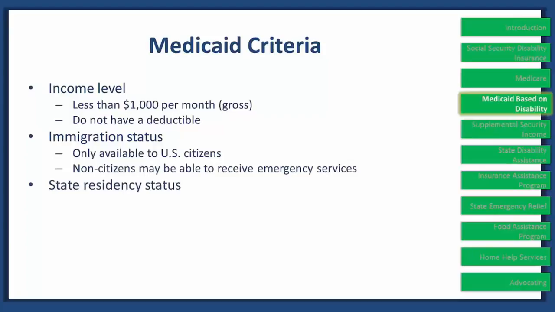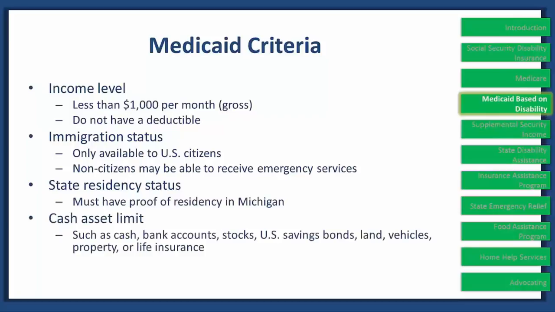State residency status. To be eligible for Medicaid in Michigan, an individual must have proof of residency in the state. Cash asset limit. Cash assets include cash, bank accounts, stocks, U.S. savings bonds, land, vehicles, property, life insurance, or anything else that can be converted to cash.